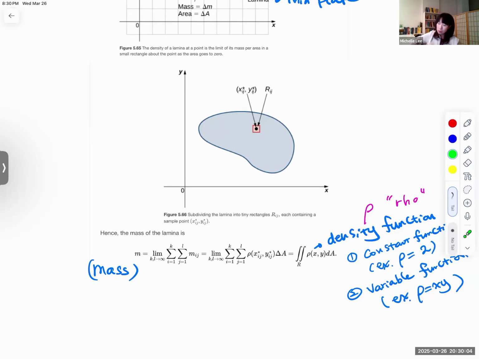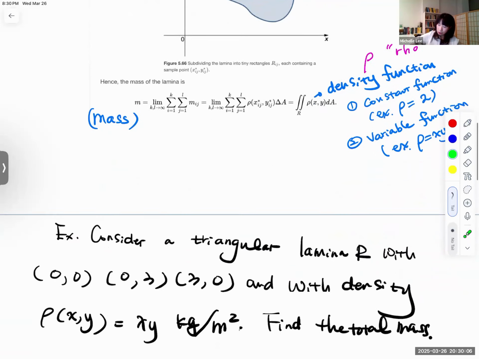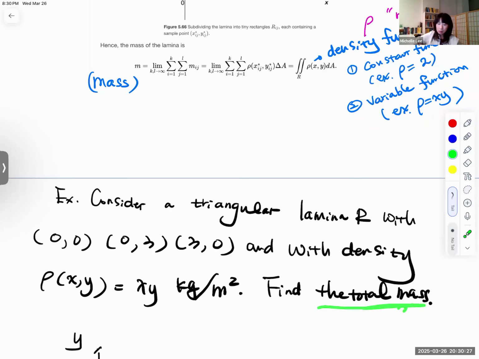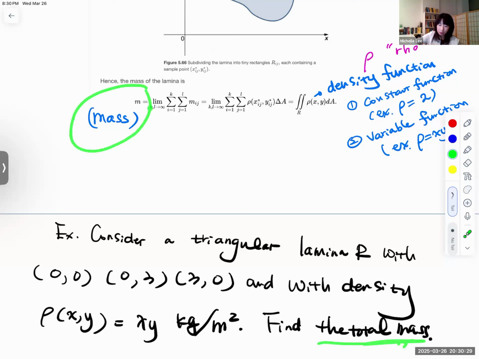All right, so let's calculate. We have a triangular lamina with the given points and density. Here we have a variable function. Find the total mass. We have the formula here, total mass, using double integration with the density function.